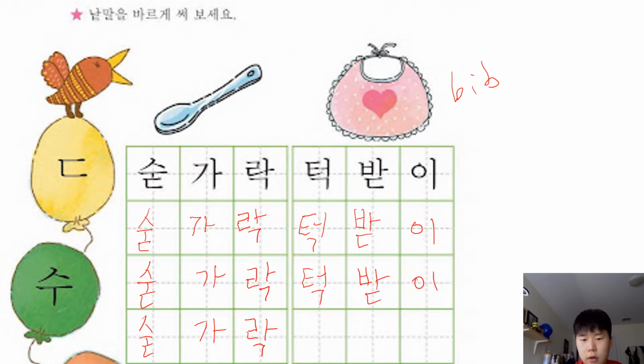And notice how when I write 턱 or the 티귿, it's kind of like 티귿 but with just a line in the center. Okay, 턱받이.